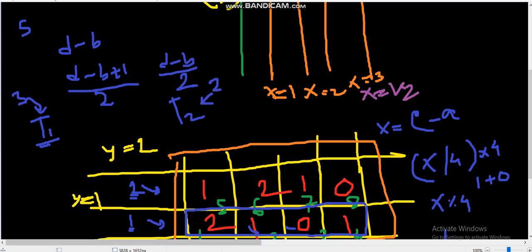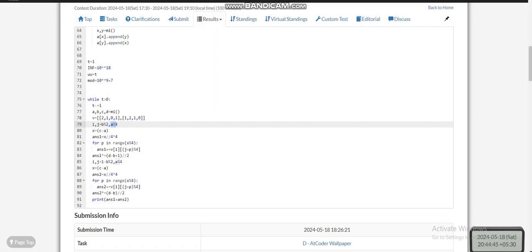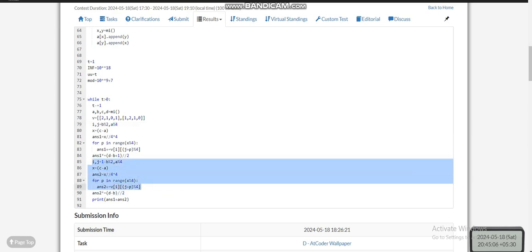Answer 1 is the sum for the type 1 row. We are solving the problem separately for type 1 and type 2 rows. There are (d minus b plus 1) by 2 type 1 rows, so we multiply answer 1, the value of one specific row, by the total number of such rows. Similarly, we do this for the type 2 row.